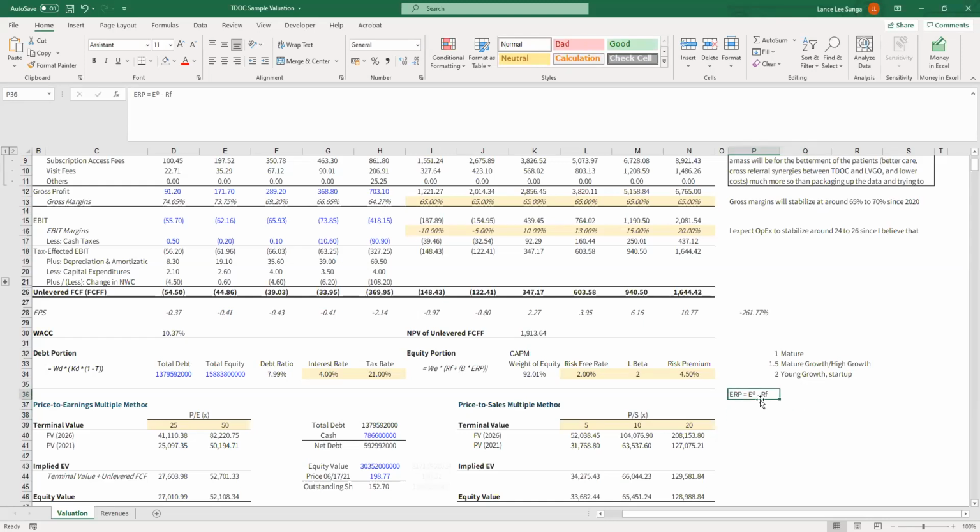So the expected return of the market would be the expected return of the S&P 500 for the year. So last year was, I guess, around 6.5 to 7. Right? And from there, you subtract the risk-free rate that you got to arrive at the equity risk premium.